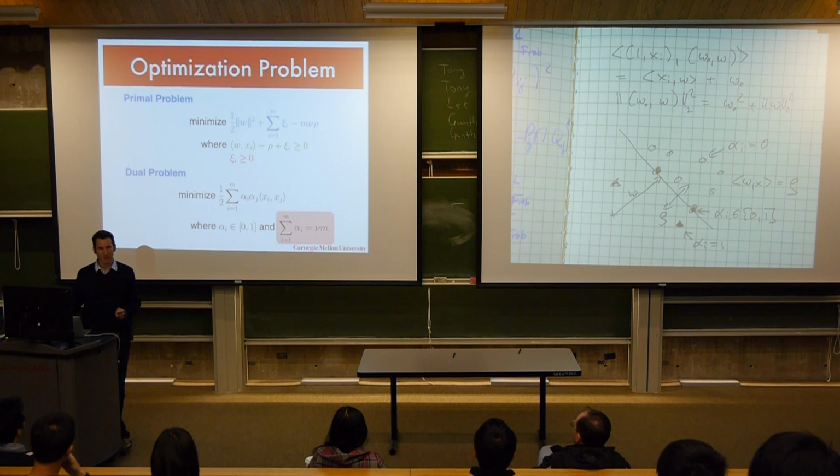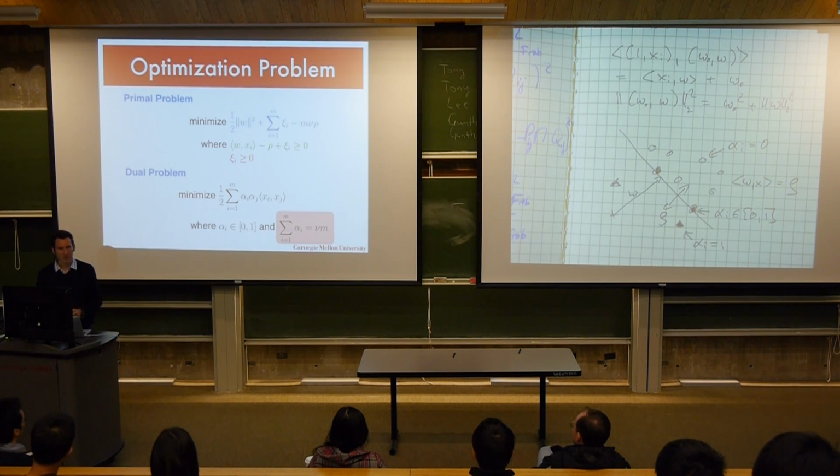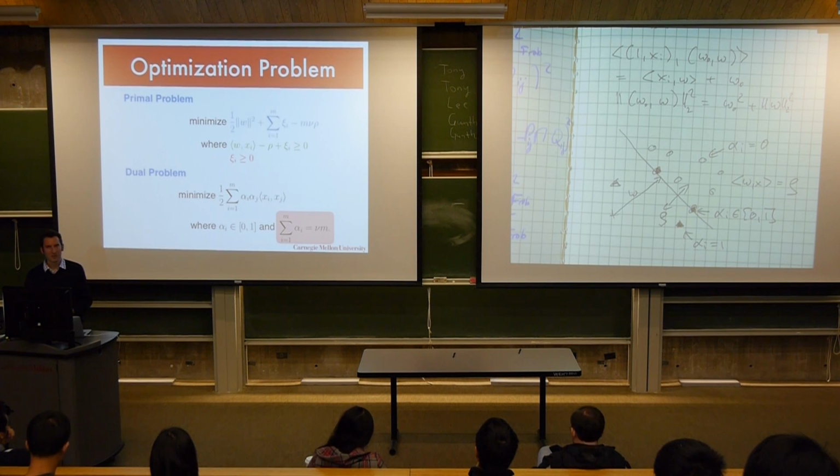What's the maximum number of alpha i's that can be non-zero? 1,000, exactly. So I don't really know whether it's 100 or more than 100, as it could be all of them. What would it mean if all the alpha i's were non-zero?